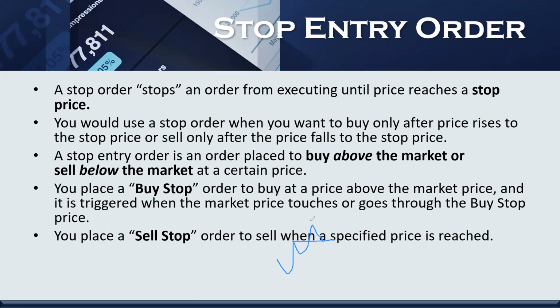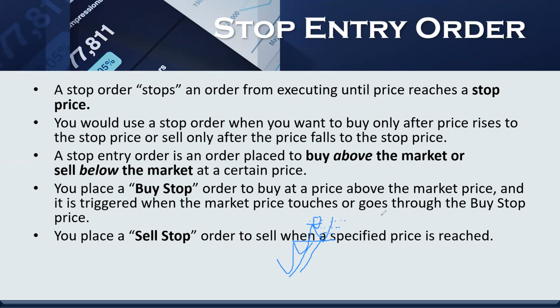You can put your buy stop order here. You can put your buy stop order here too. You can put your buy stop order here too. So the market will go above it. Remember, price has already been going up. So you are buying above the market price. That is a stop order.